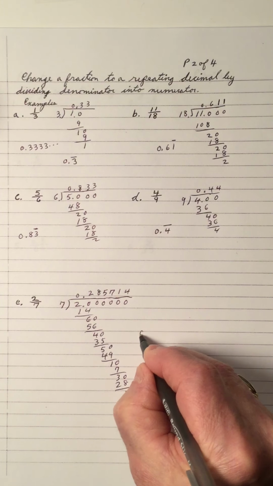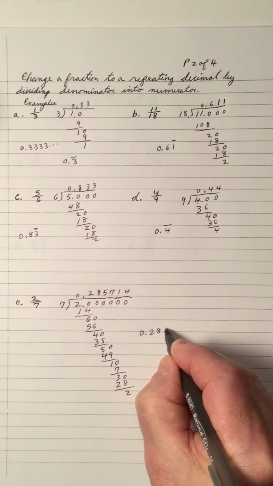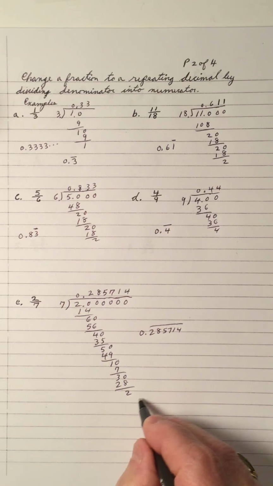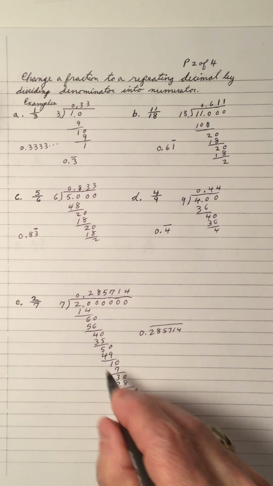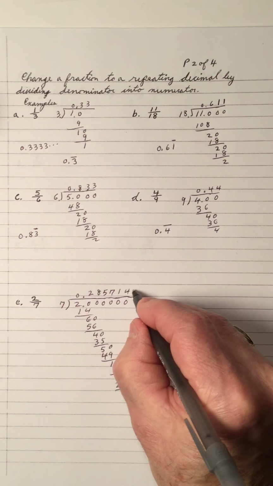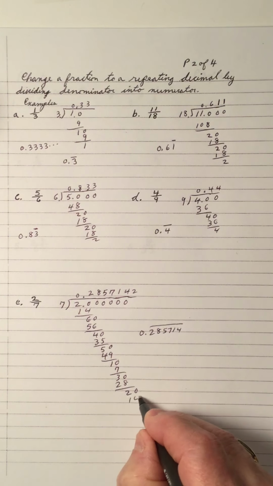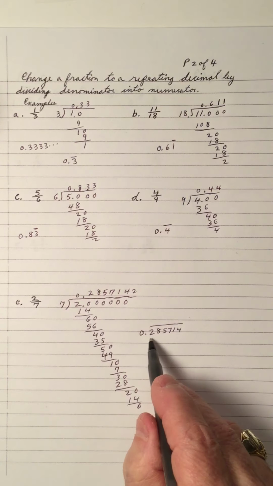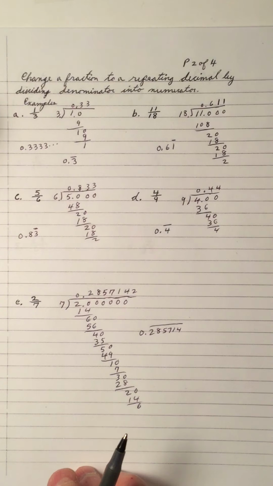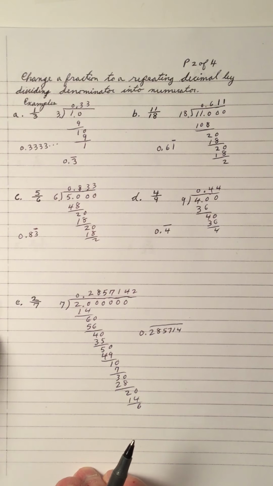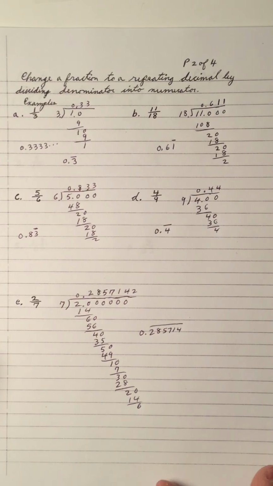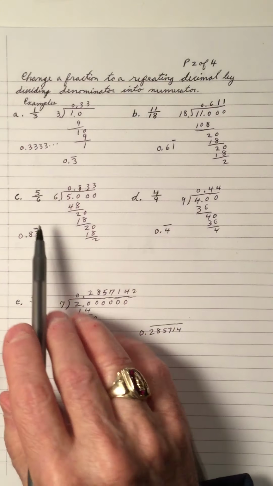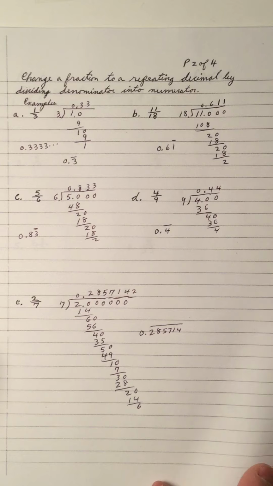So the repeating decimal is 2, 8, 5, 7, 1, 4, and it starts to repeat after this, because 7 into 20 goes 2, and that's a 14, and we get the 6. So we get the 2 and then the 6. 2 sevenths is longer to do. I just did that to show you that these are easy up here: 1/3, 5/6, etc.